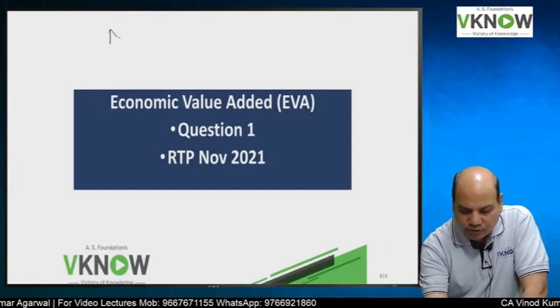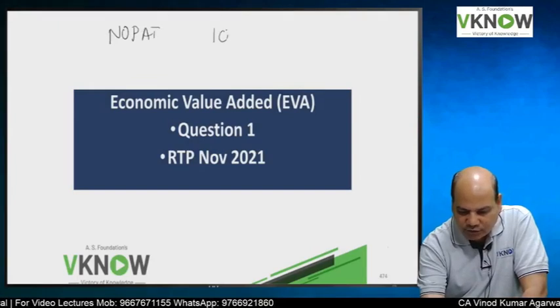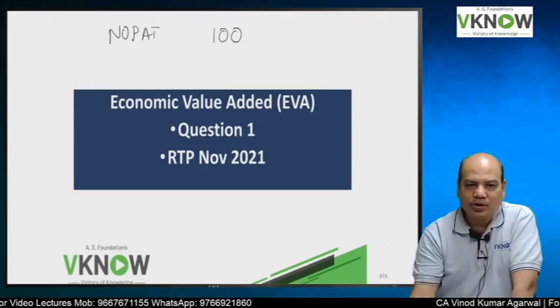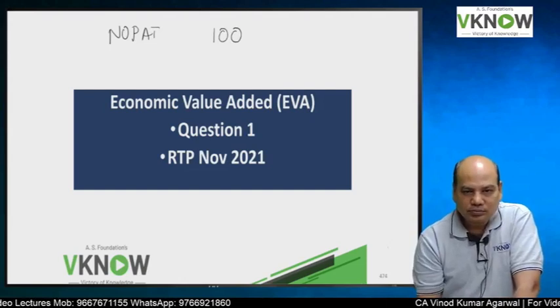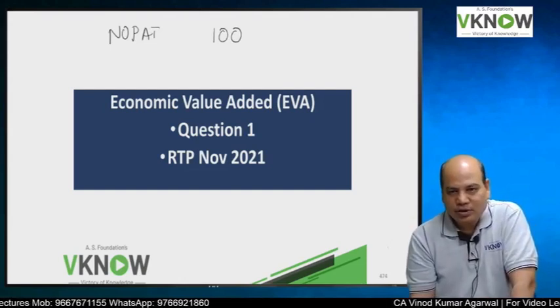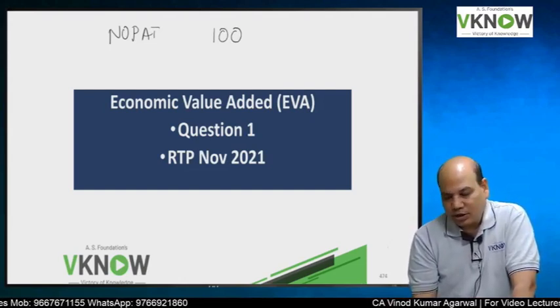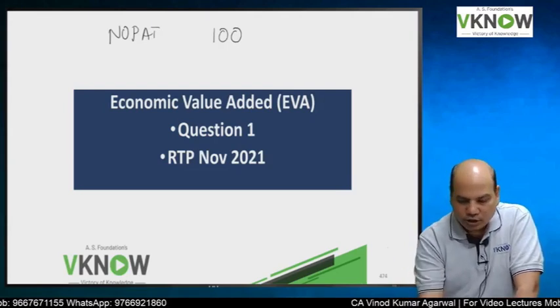So suppose a firm says our net operating profit after tax is 100 crore. Is it efficient or inefficient? Or data is not sufficient? Data not sufficient. Only profit is not enough.